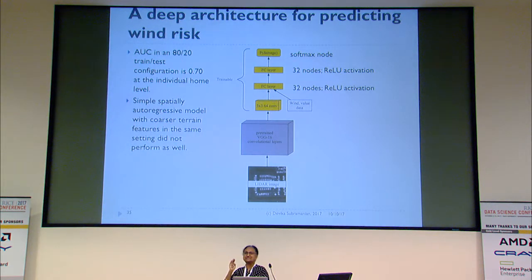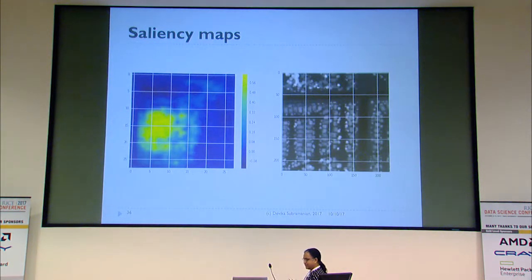This I believe will scale to other storms because we are uncovering interesting aspects of the terrain, the values, etc. In fact, we can produce these saliency maps that tell you sort of what aspects of the terrain really correspond, are responsible for damage.